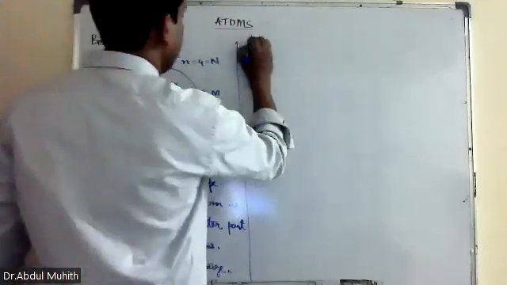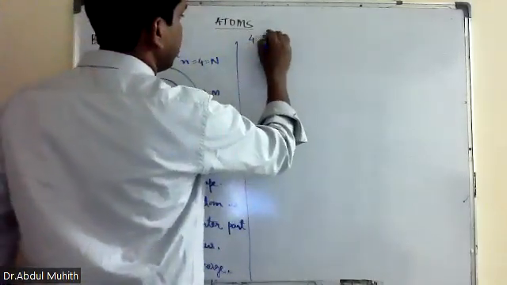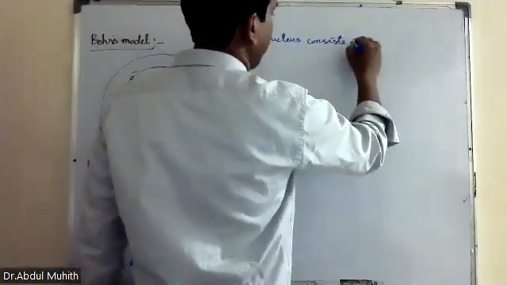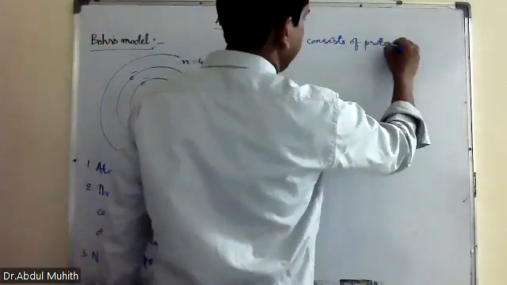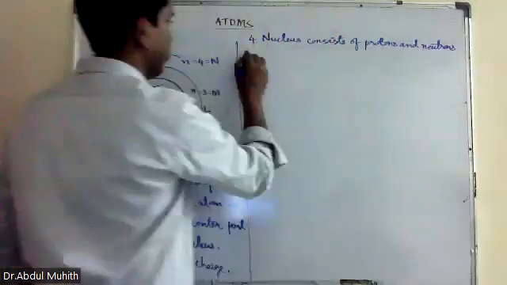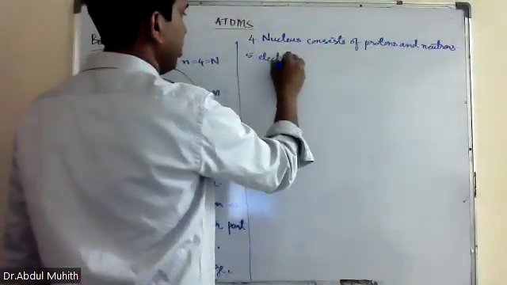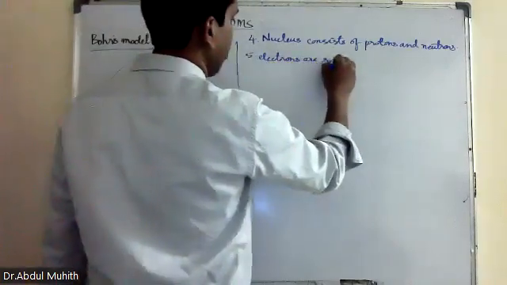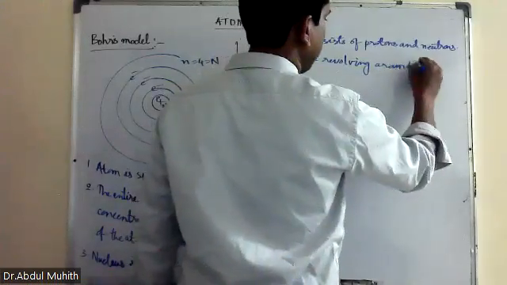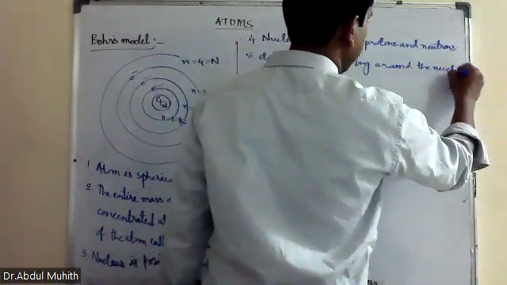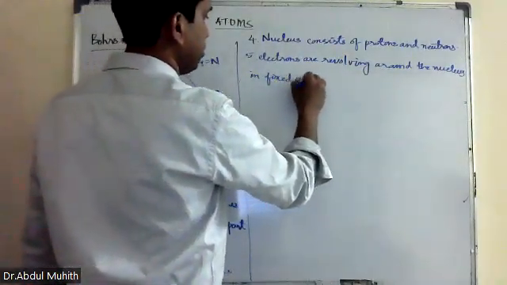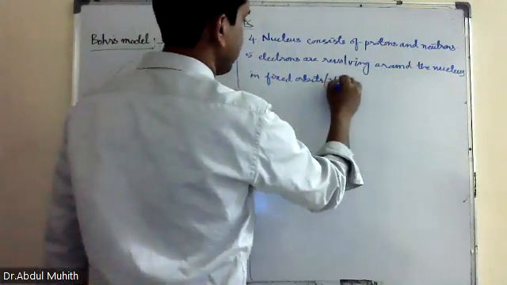Fourth one: the nucleus consists of protons and neutrons. Fifth one: electrons are revolving around the nucleus in fixed orbits or stationary orbits.